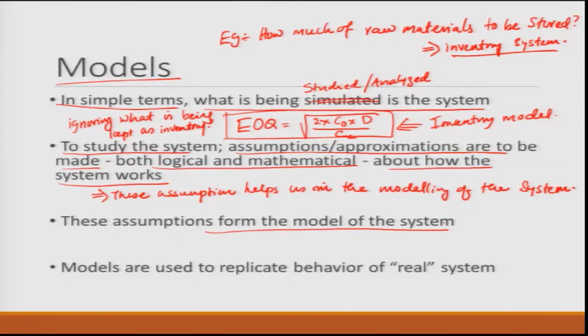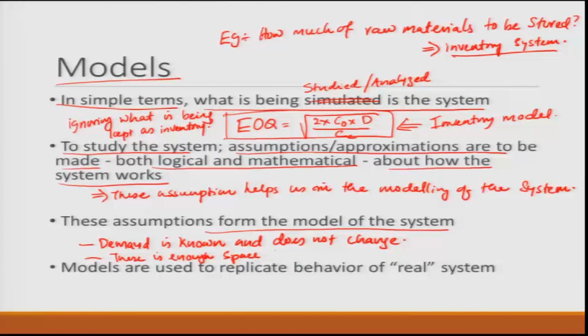So, in the EOQ system, we assume that demand is known and does not change. So, we assume that the demand is known and it will not change. We also assume that there is enough space to store whatever the quantity is.